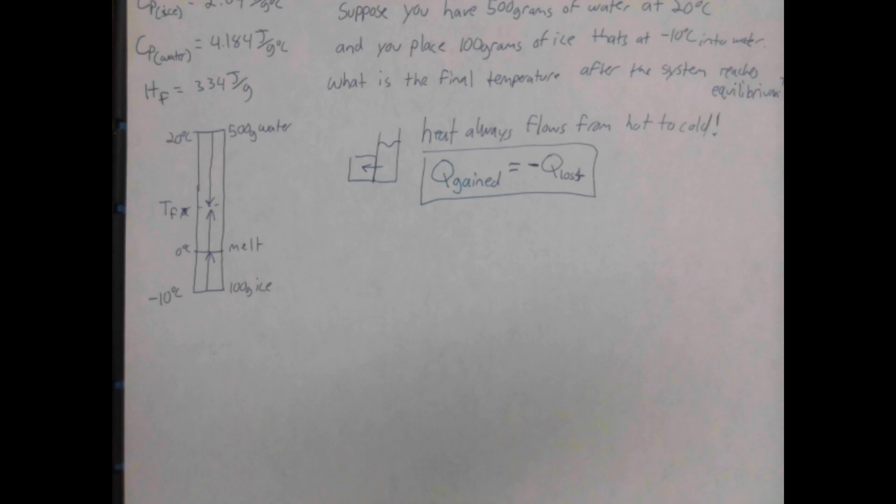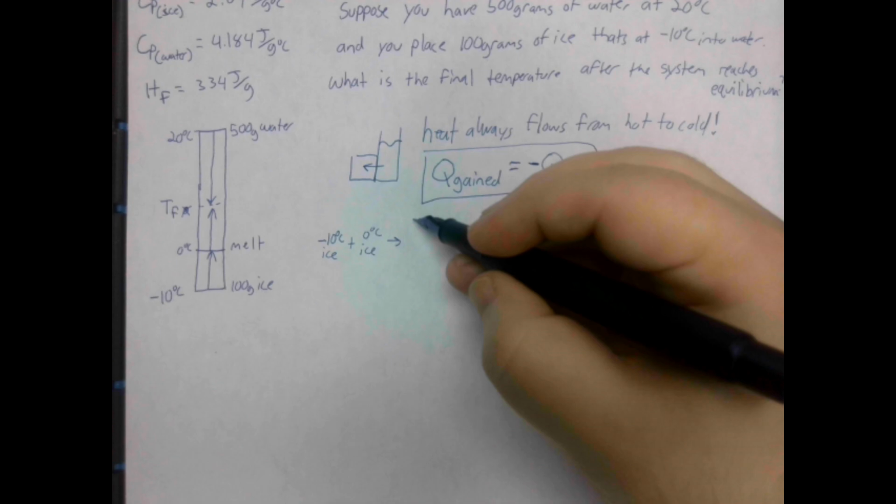We go from negative 10 degrees Celsius ice to 0 degrees Celsius ice. Then we go to 0 degrees Celsius water. Then we go to some final temperature water.